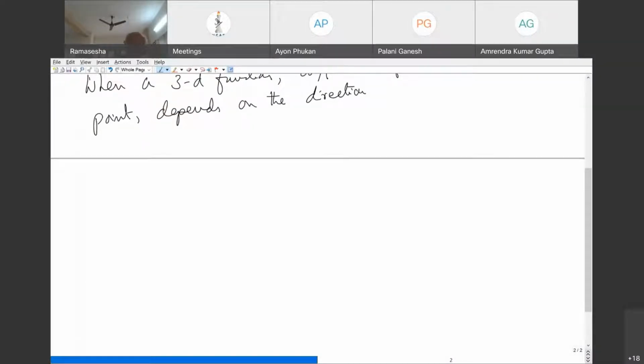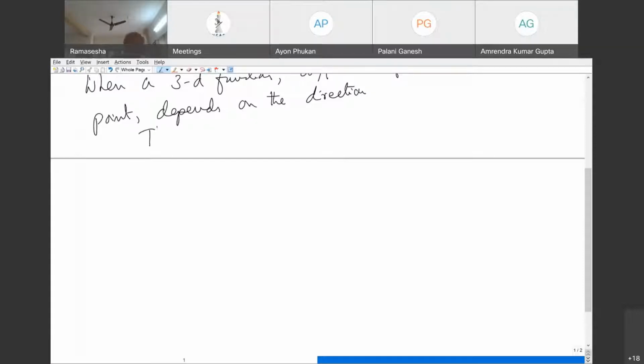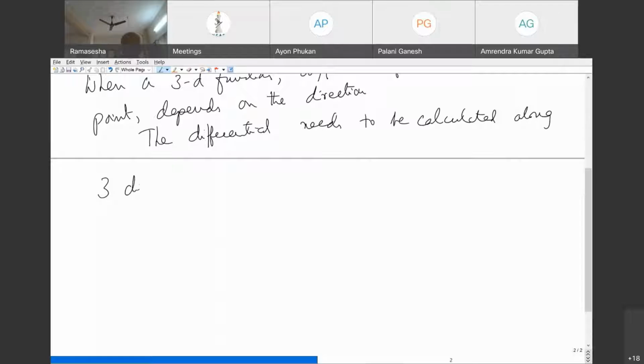What we got as the answer was that the differential needs to be calculated along three directions corresponding to the basis vectors, in this case I1, I2, I3.